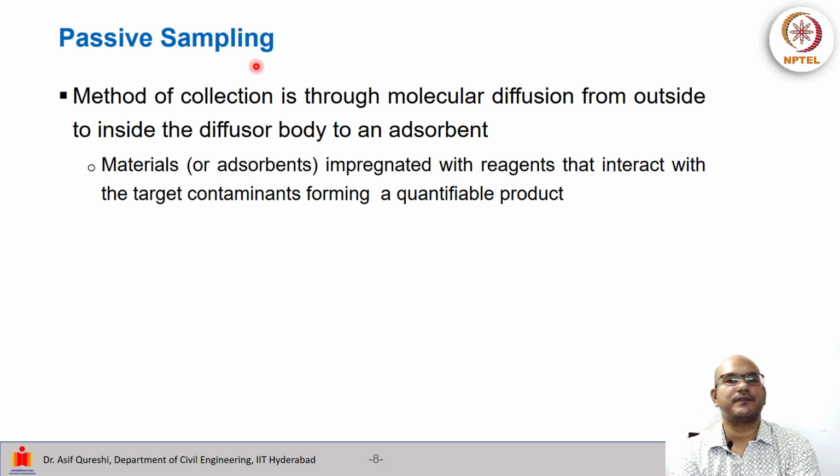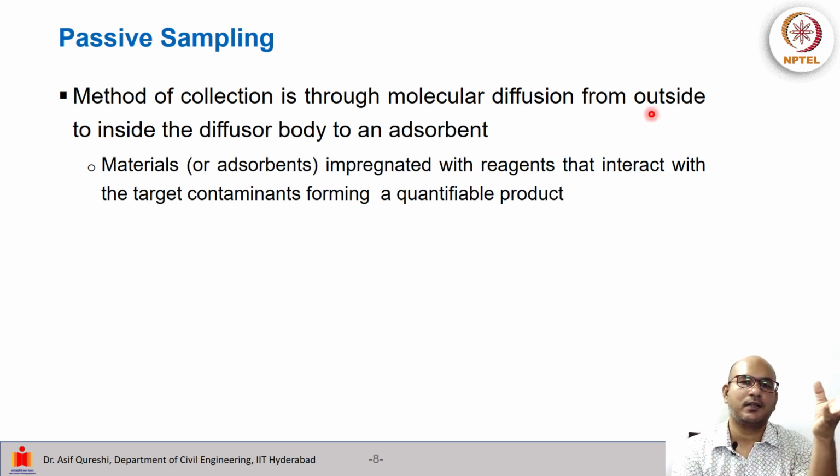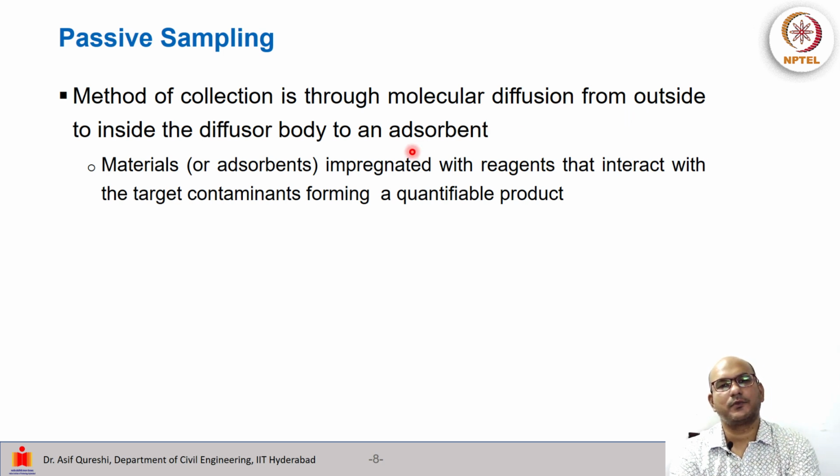First we will look at passive sampling. In passive sampling, the mode of collection is through molecular diffusion. The process is that a gas from outside the passive sampler will diffuse through the sampler body and get attached to an adsorbent.